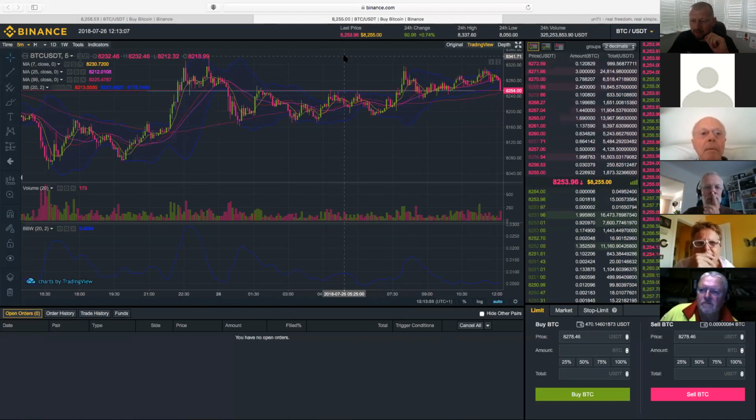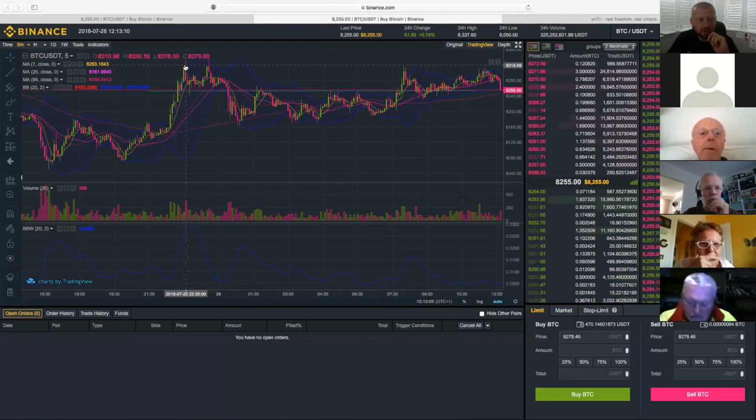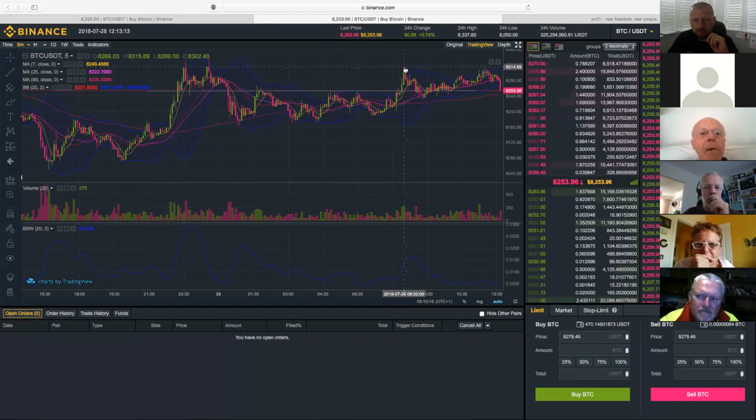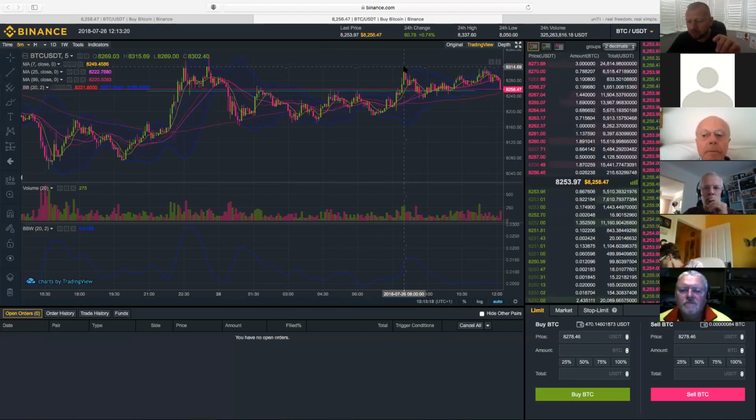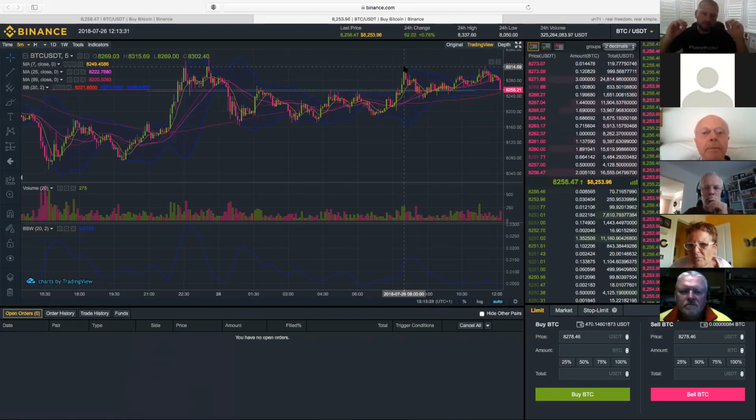Because we've got a candle here and a candle here and a candle here. So we've probably got another support or resistance line around about $8,314. And if it busts through that line, there's every possibility that the value of Bitcoin could go back up. And we want to make sure that if it does go through that line and that becomes a support line, then we are on the opposite side of the trade and we're in Bitcoin.